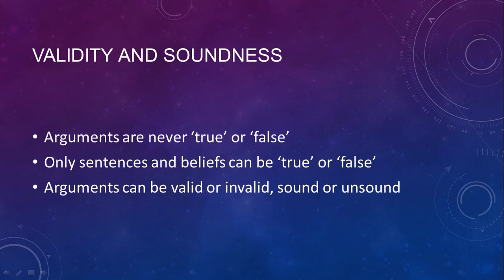A statement or a belief is true or false just in case it corresponds with reality in some sense, to the degree that it correctly represents reality. Arguments don't represent reality in that same sense. What they do is justify one belief by citing another belief. So arguments can be valid or invalid, sound or unsound, not true or false.